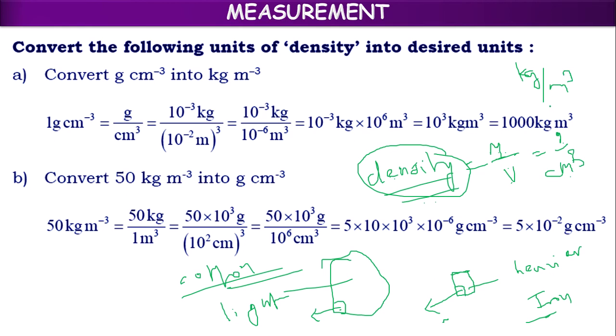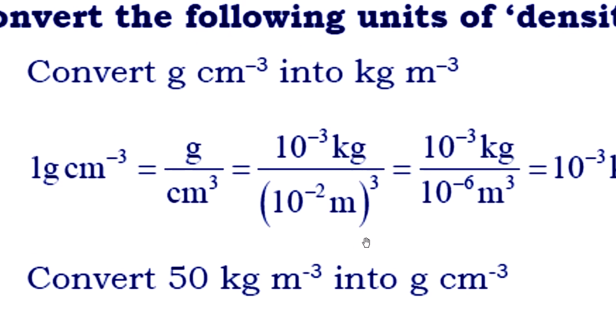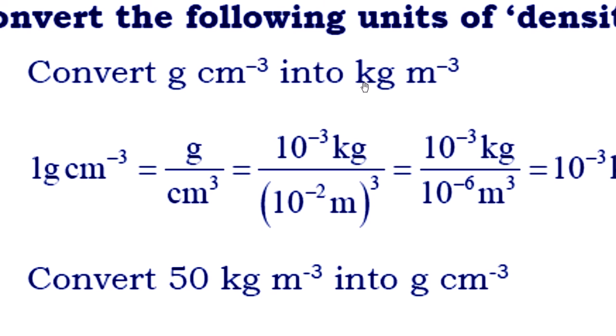So kilogram per meter cube, or gram per centimeter cube can be written as gram centimeter to the power of -3, and kg per meter cube can be written as kg meter to the power of -3. We can take like that. Here, children, convert gram centimeter to the power of -3 into kg meter to the power of -3.